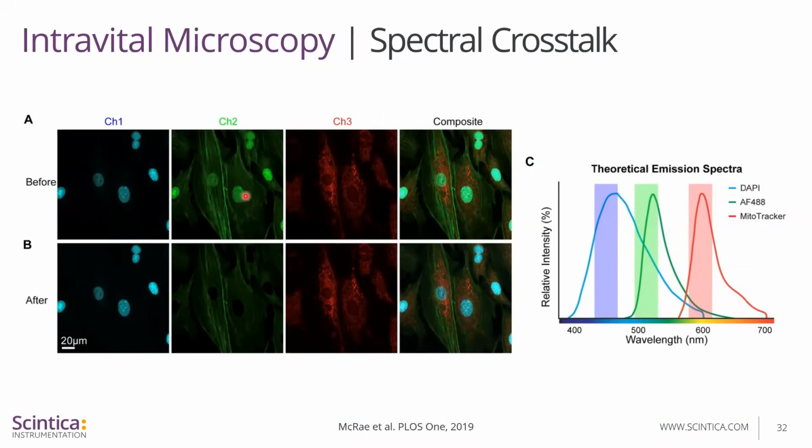By using software that assigns a specific spectral signature to each of the pixels, you can group pixels with the same spectral signature together and subtract them from images where they don't belong, leading to an unmixed image such as below, where the blue has been subtracted from the green and no nuclei appear anymore in this channel, leading to a better separation of the fluorophores.